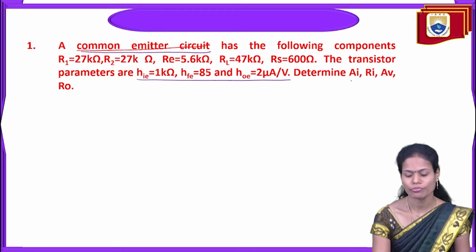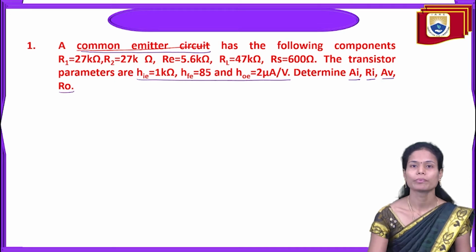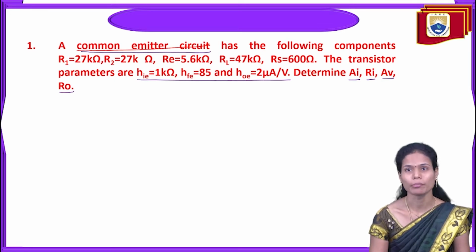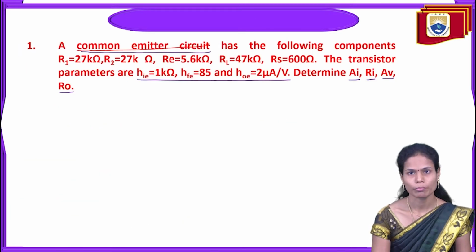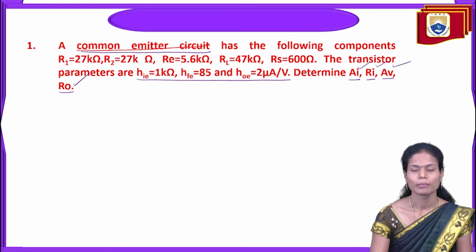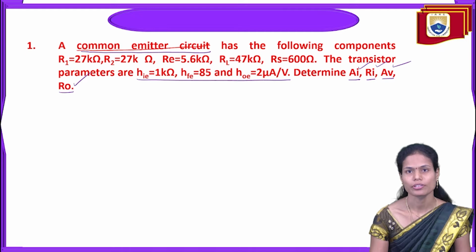From this, we need to find the current gain, input impedance, voltage gain, and output impedance of the given common emitter circuit. In order to solve this problem, first of all, we have to know the formulas of all these parameters of the transistor. This problem we already discussed in the problems on common emitter configuration session. Try to go through that.